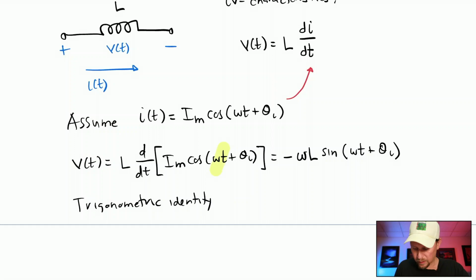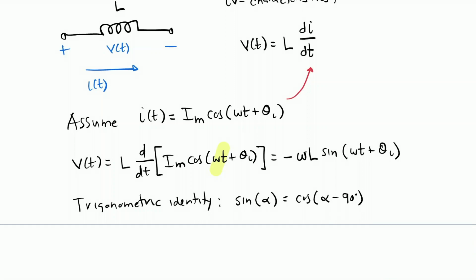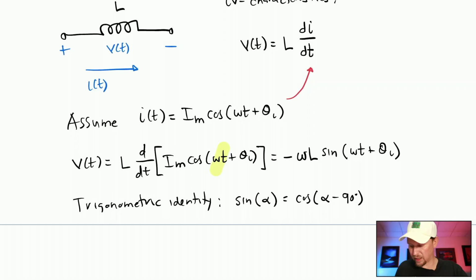The trig identity tells us that if we happen to have the sine of some angle, just suppose that it's alpha, we can turn it into the cosine as long as we take this angle and shift it by 90 degrees like this. This identity is relatively easy to prove. Notice that I can actually use it up there. So this whole thing can be rewritten in the following manner.